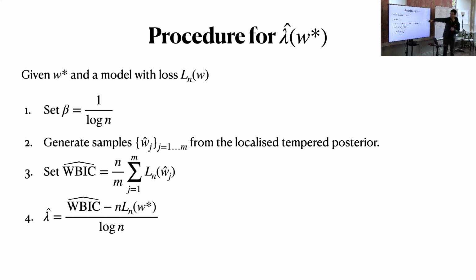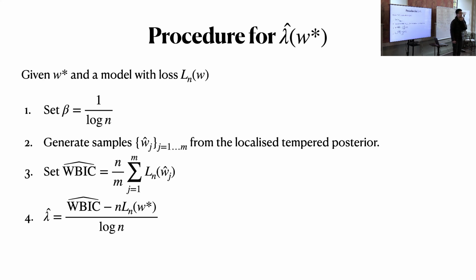M is the number of samples, and then you're just taking the sample average. What is the hat over the WBIC? WBIC is defined to be the posterior average. I'm just putting a hat there in the statistics convention that this is estimated from some posterior samples. Right, and lambda hat is what you get when you rearrange the WBIC formula, and the next order term is a decaying term.